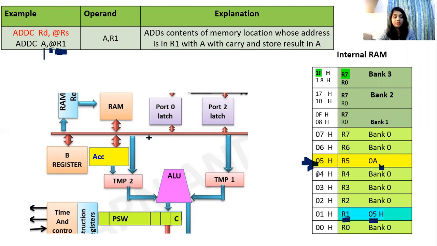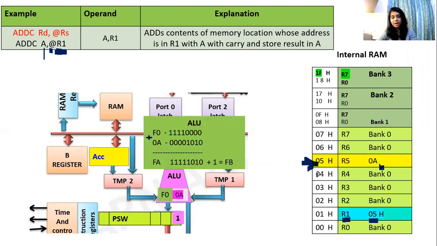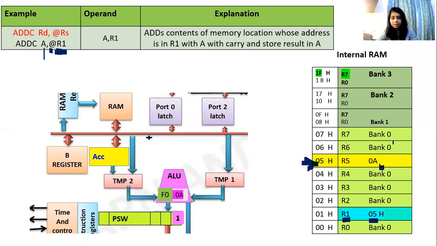Add 0A, but with carry. What happens? Let's assume that this accumulator holds F0, R5 holds 0A. So F0 plus 0A. And now it will add these contents. After adding, see, this is carry flag. Here carry flag is 1. In the earlier case, I have shown carry flag equal to 0. Here I have shown carry flag is 1.